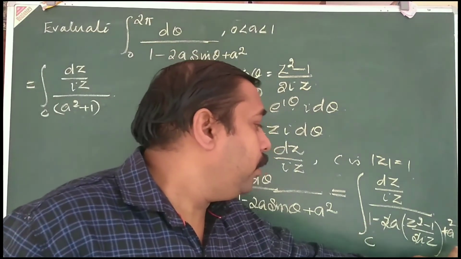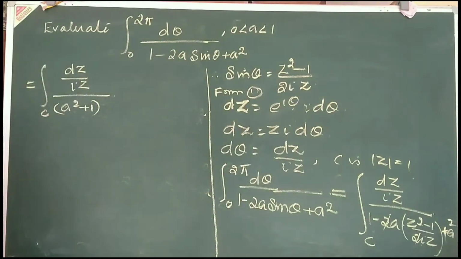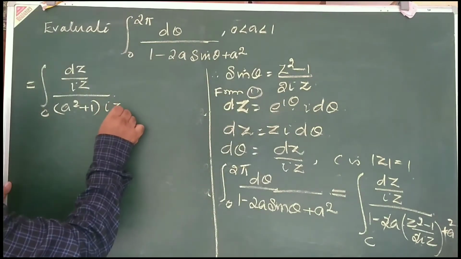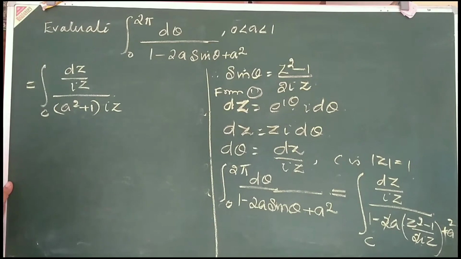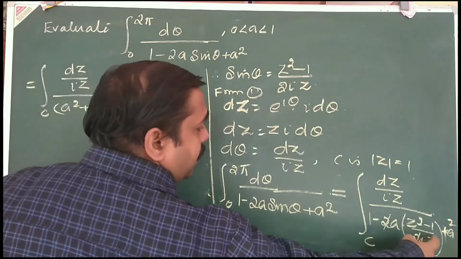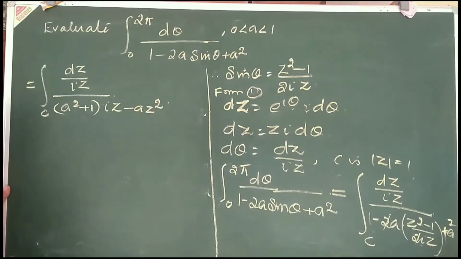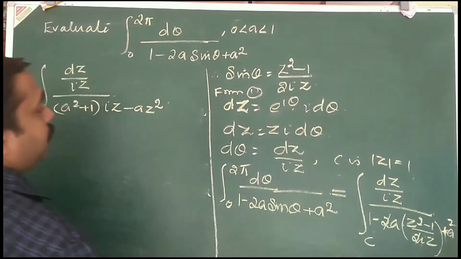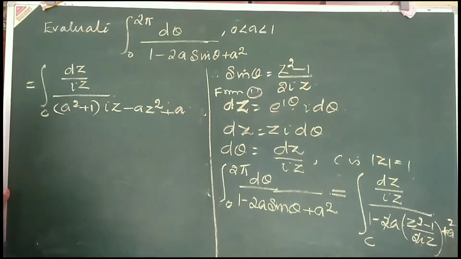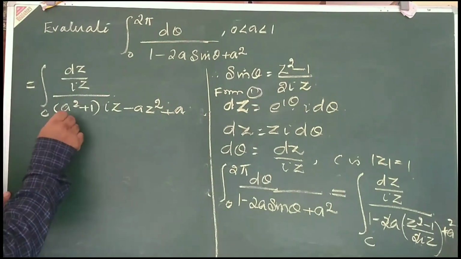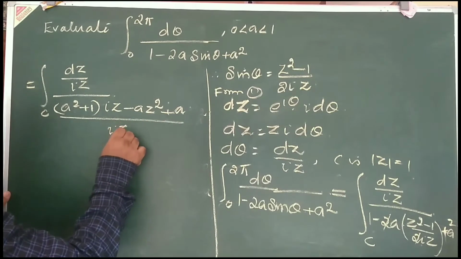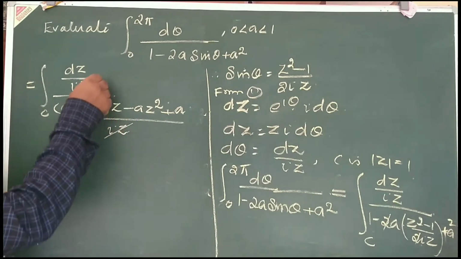Here 1, here 1, 1 plus a square into iz. Then you multiply by this a inside, so that is minus a z square, minus into minus, minus a into minus 1, that is plus a, whole divided by iz.